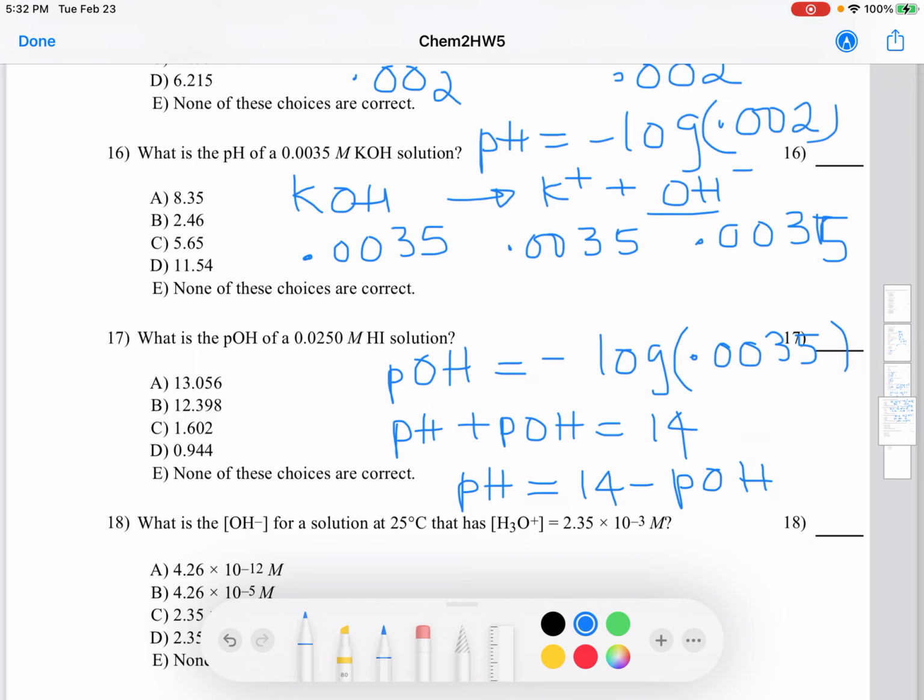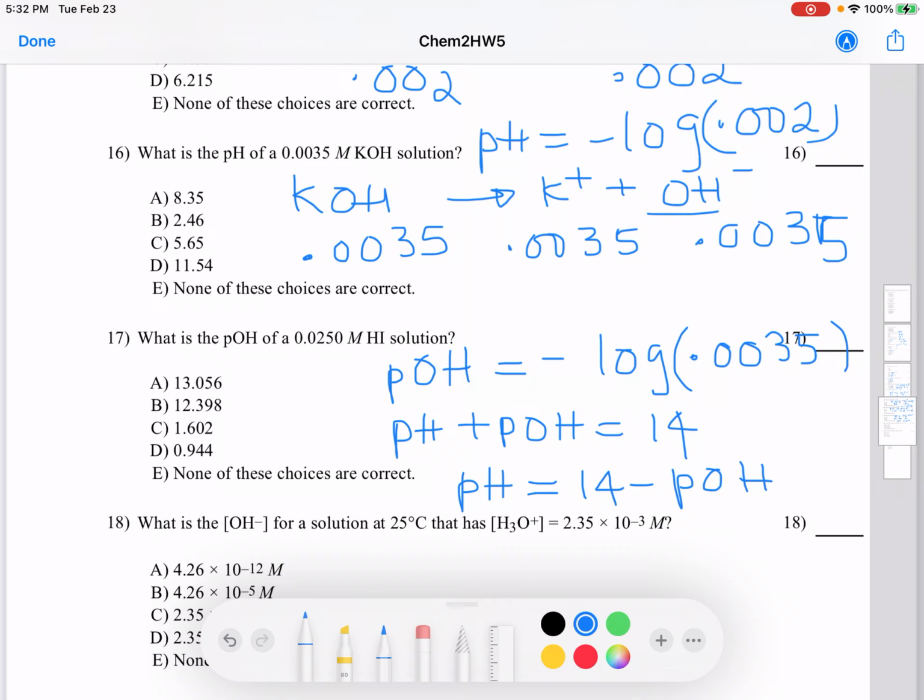So take your calculator and do the calculation. Log 0.0035 will give you a negative number, and you subtract that from 14, and that gives you a number, and I can see that number here too.